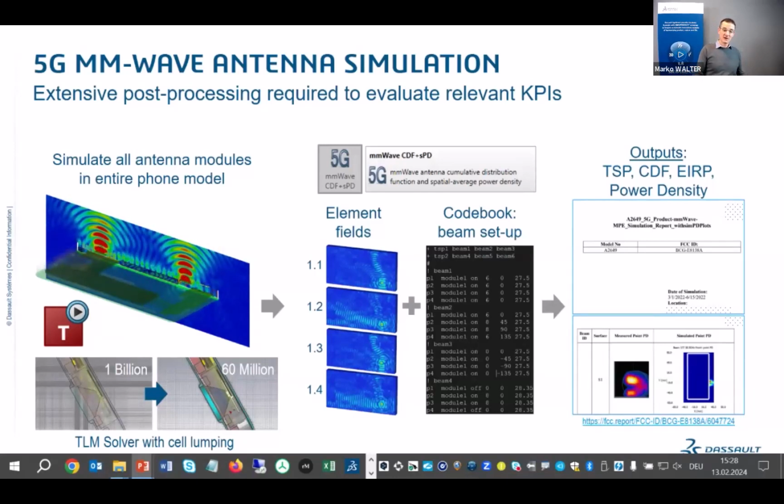In this case, we simulate all the millimeter wave ports and then do all the rest in post-processing. You can import the codebook, which specifies all the beam configuration, and the outputs you require are calculated for you. There's a link to an example of this being used in industry at the bottom right, if you're interested.